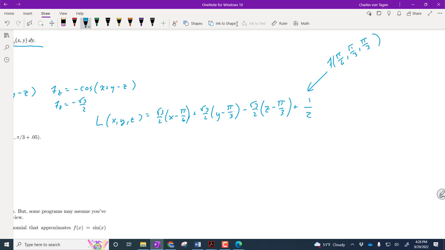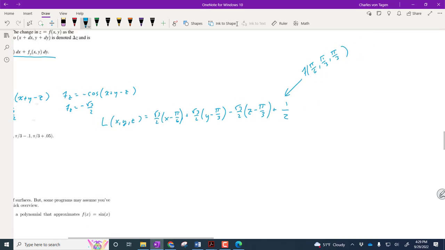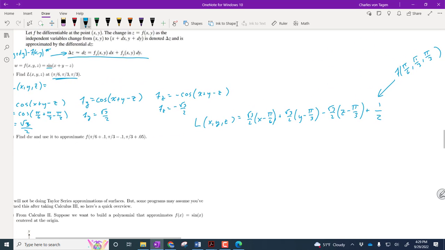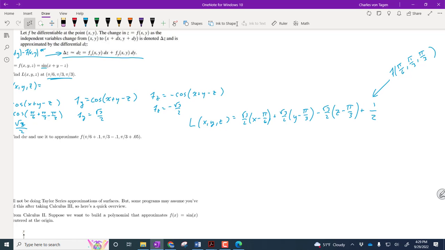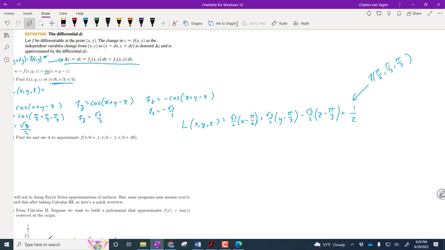So folks, is this a tangent plane? Well, depends on how you want to call it. This is actually a tangent hyperplane, right? So the graph of this function, the graph of this sine of x plus y minus z, where does it live? The graph lives in R4, and so we are approximating the graph of this function with a hyperplane, a four-dimensional plane.